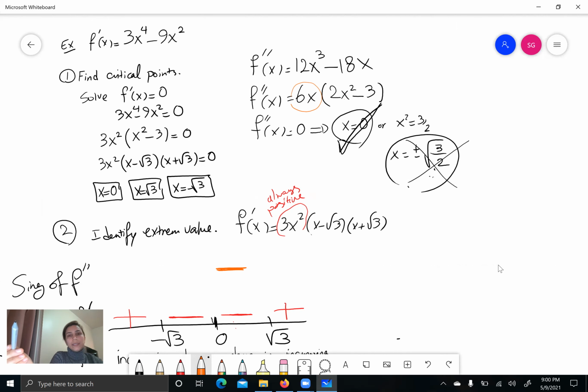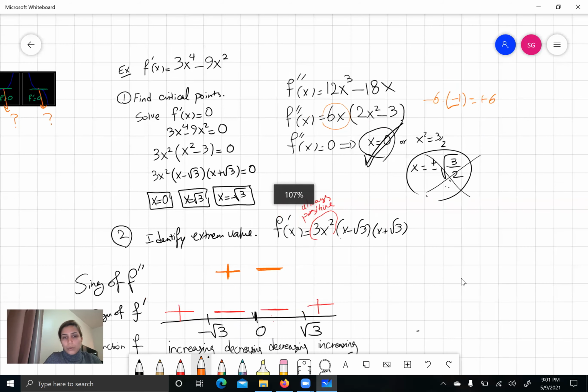What about before 0, like negative 1? At negative 1, it's negative 6 times negative 1 squared, which is positive, and this is going to be negative, so it's going to be positive. So this side is going to be positive. You see that?